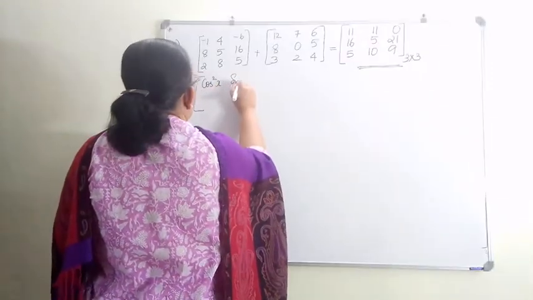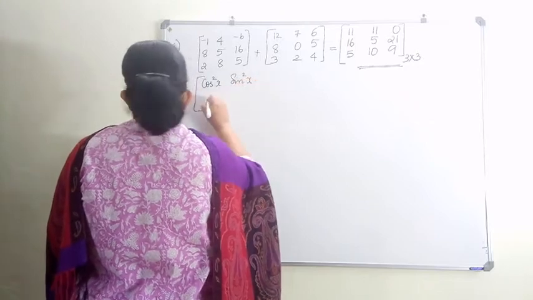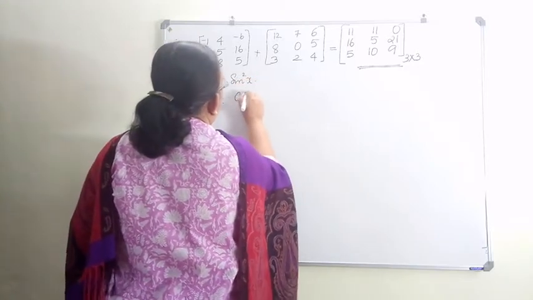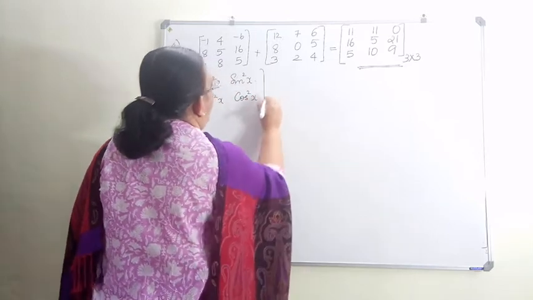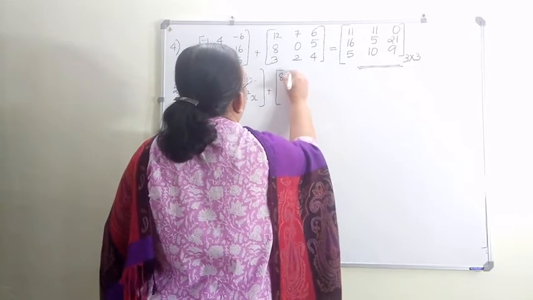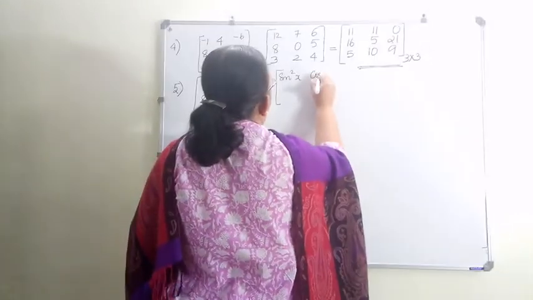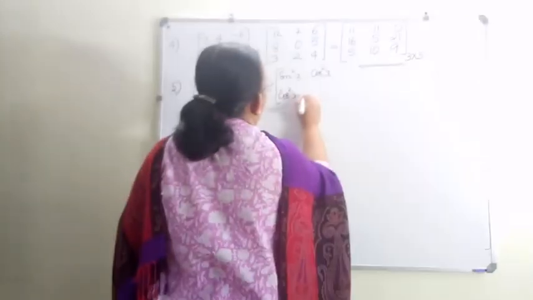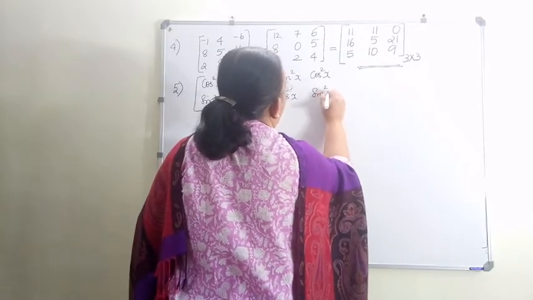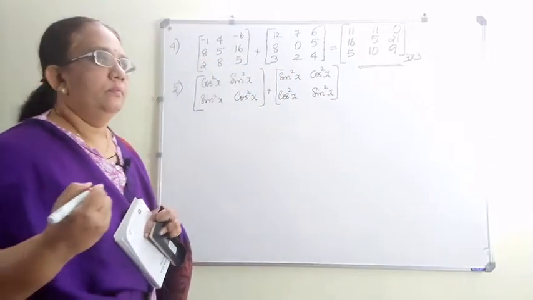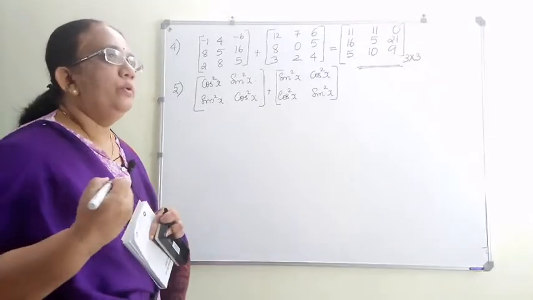Matrix cos squared x, sin squared x, sin squared x, cos squared x plus sin squared x, cos squared x, cos squared x, sin squared x. You may get this question for 1 mark. So how do you do this?